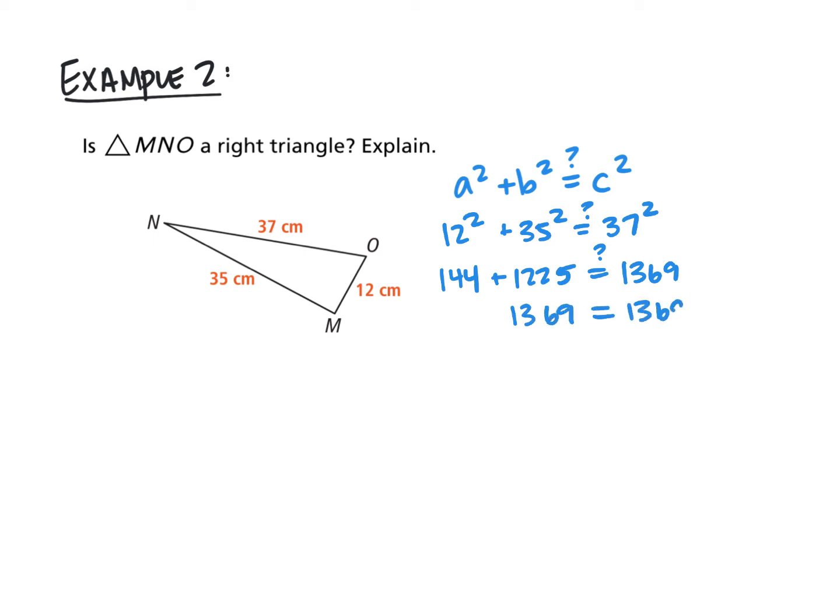So yes, these two sides equal each other, and yes, this is a right triangle. And if you wanted to give a reason, this is kind of my explanation here. I'm explaining that the side lengths fit into the Pythagorean theorem. So I'm not going to give an additional explanation. This is kind of my explanation right up here.